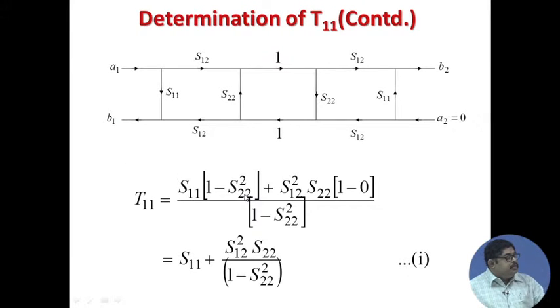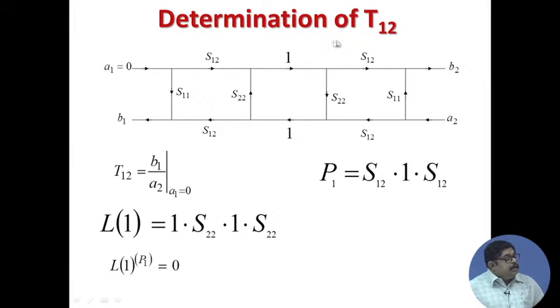So, with this you can put the T1 value by Mason's formula: P1 is S11 into 1 minus L1 P1, that is S22, plus P2 into 1 minus L1 P2, that was 0, and here 1 minus sigma L1, there are no L2, L3, etc. So, this becomes your T11 in terms of this. This we are calling the first equation.